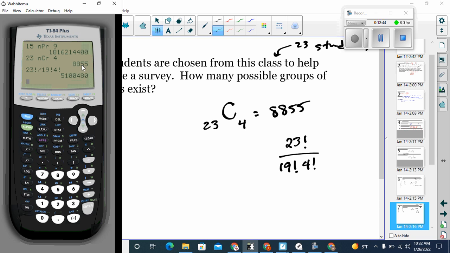It's not giving me the right answer here, because what it's doing is it's taking 23 factorial, dividing by 19 factorial, getting an answer, and then multiplying it by 4 factorial. So I need to make sure I have parentheses around my denominator there, so that I'm multiplying that together first. Insert a parenthesis there. So we multiply first and then divide, and it gives us the correct answer.